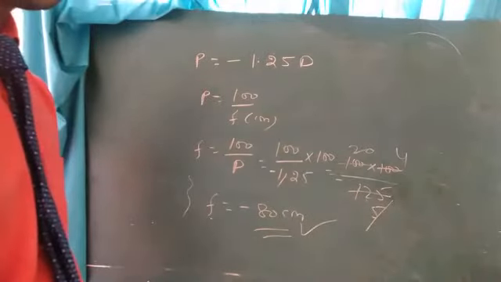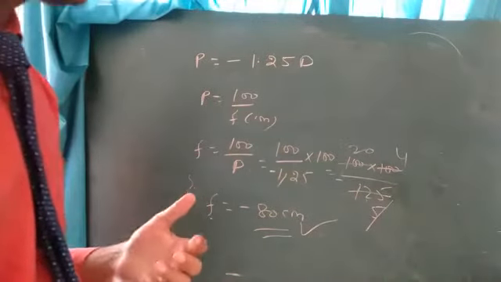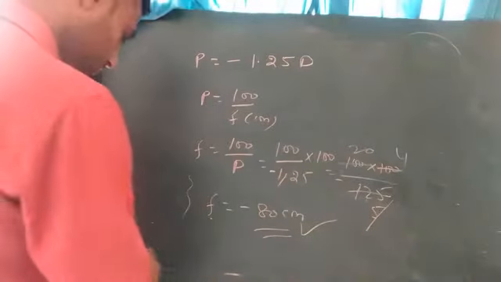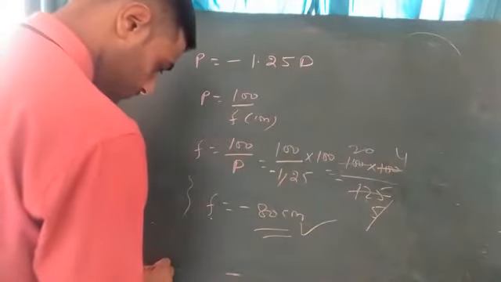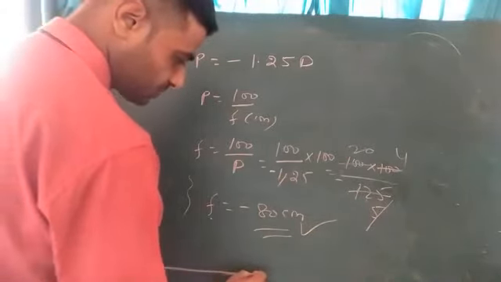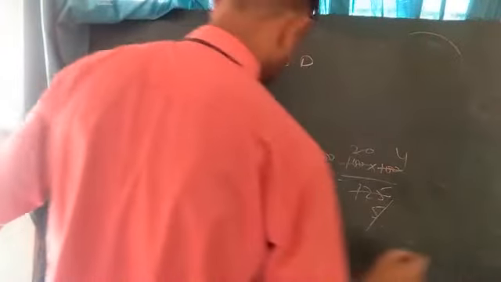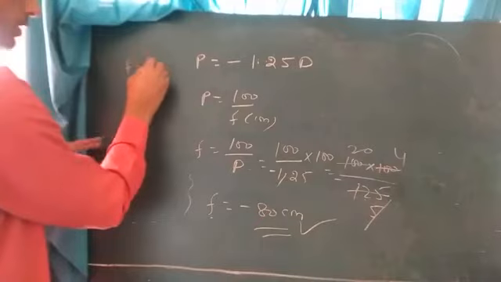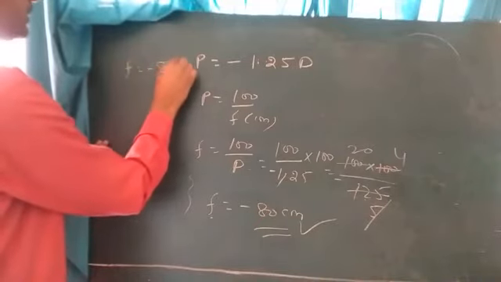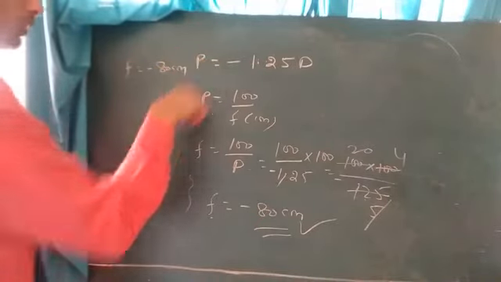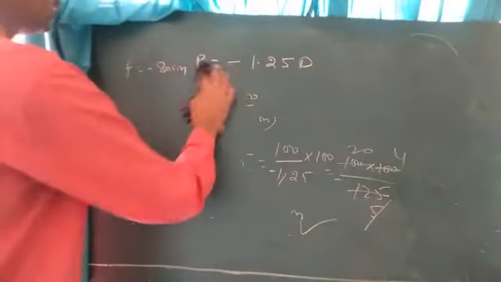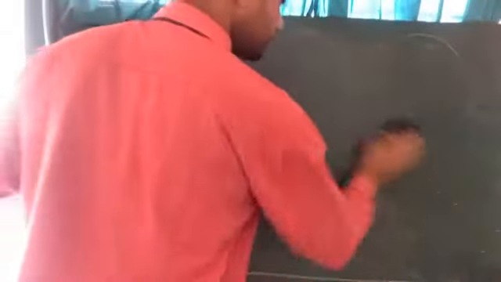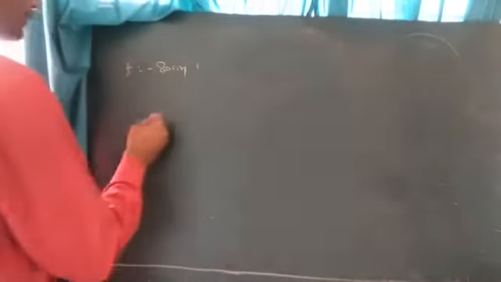Now we have to find what is the far point for myopic person. Okay. So this F equal to minus 80 centimeter. You have to note all this value. And what is far point?